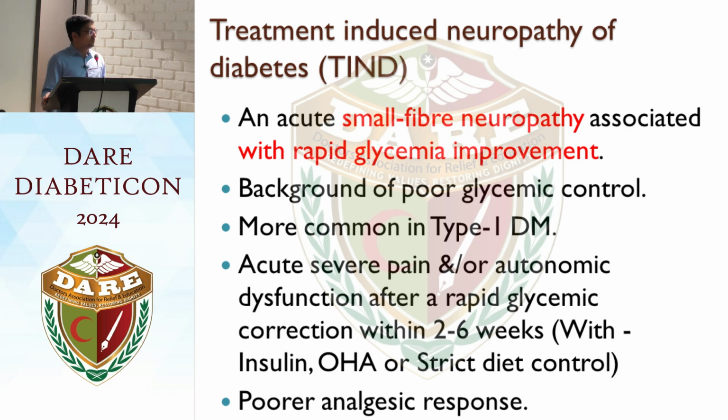It is poorly responsive to analgesic medication. The medications we give for small fiber neuropathy may not help in these cases, but the good thing about this condition is that it is a reversible neuropathy.